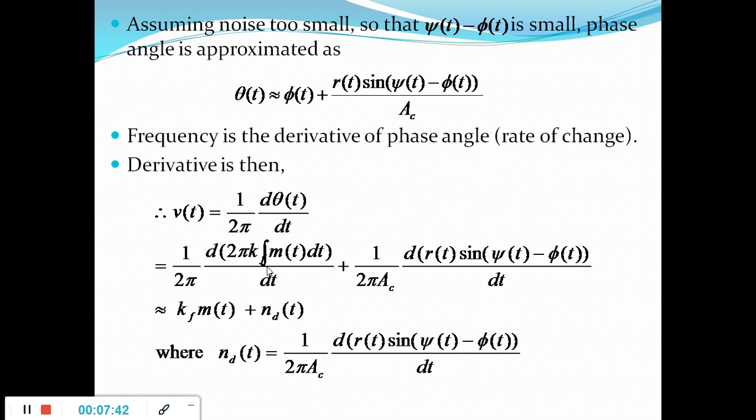So, the differentiation and the integration will get cancelled, 2 pi gets cancelled, and the term left is just kf into m of t. And the second term, let us represent by nd of t.